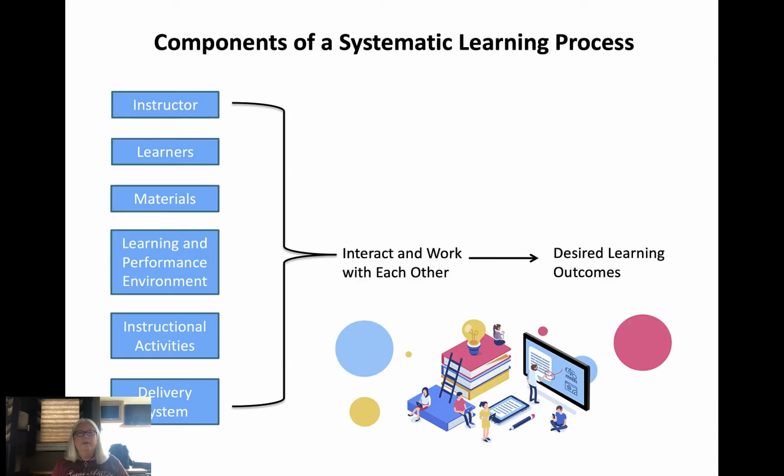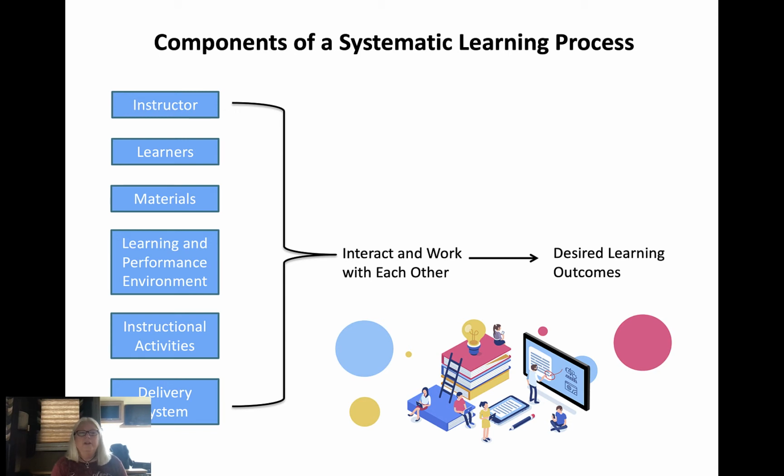So the components of a systematic learning process, we have the instructor, we have learners, we have materials, things like books and PowerPoints and various resources. We have the learning and performance environment. Where is this happening? Is it online? Is it in a classroom?